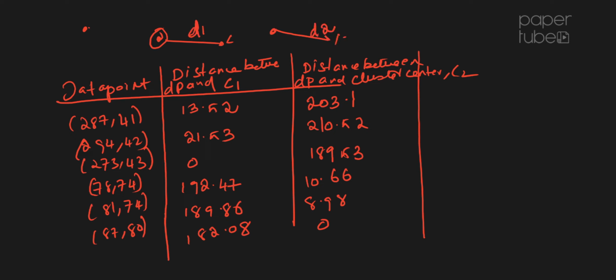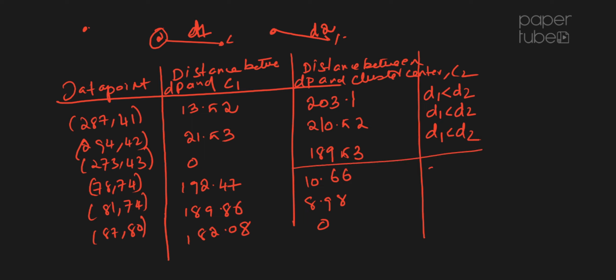So this one will be D1, other one will be D2. In this case, D1 is smaller than D2, for all these three.